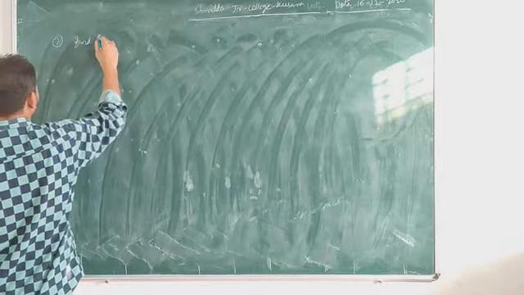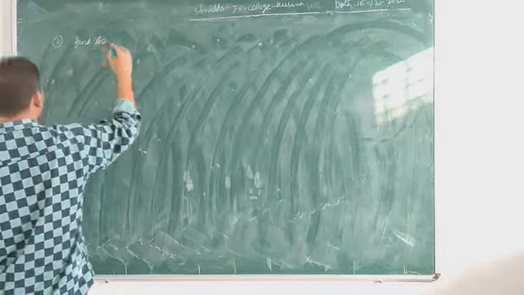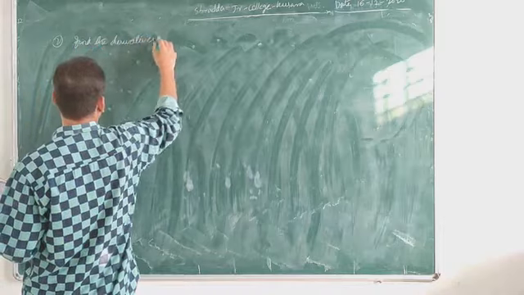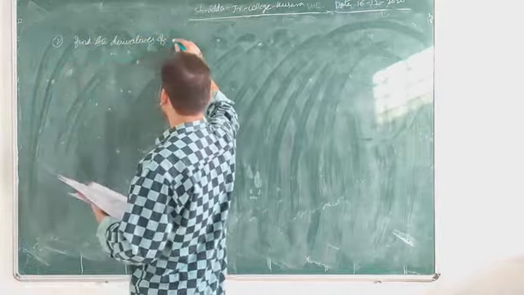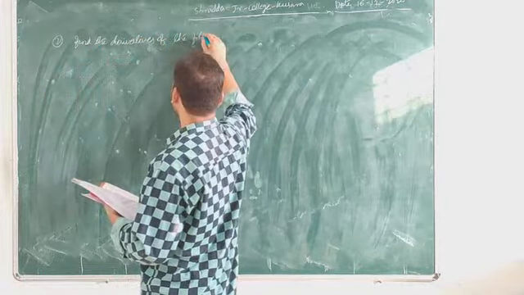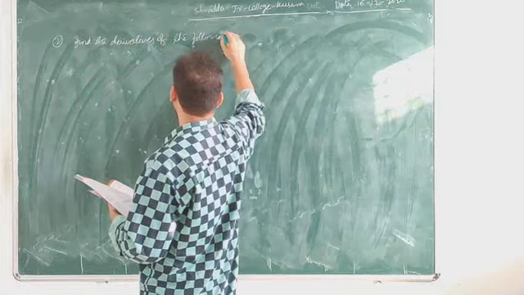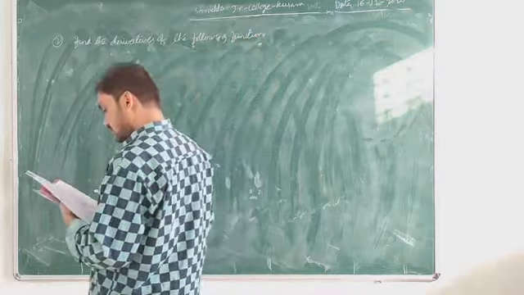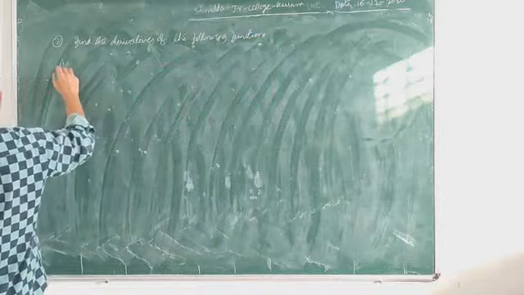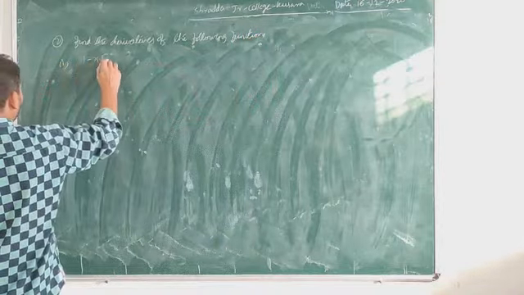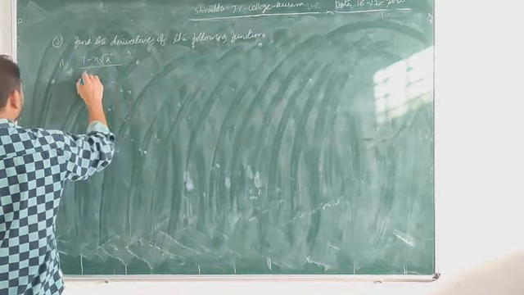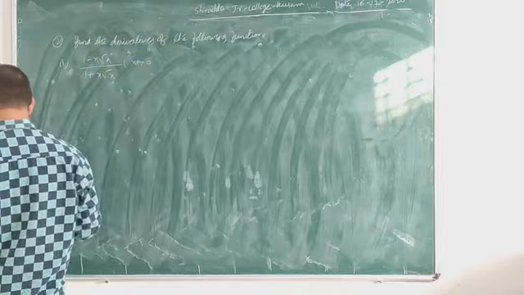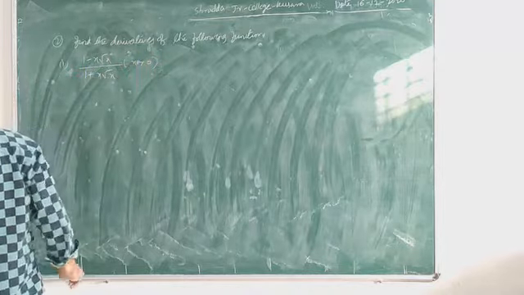Find the derivatives of the following functions. (1 minus x root x) by (1 plus x root x), x greater than 0.